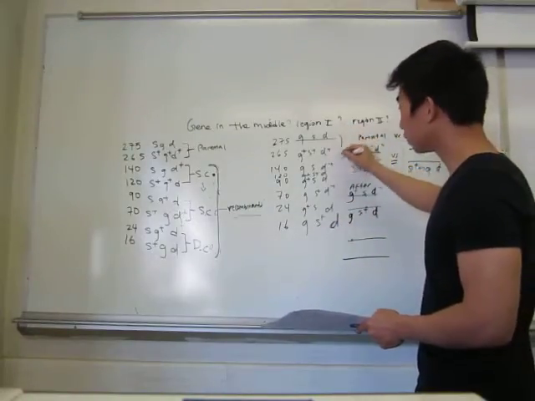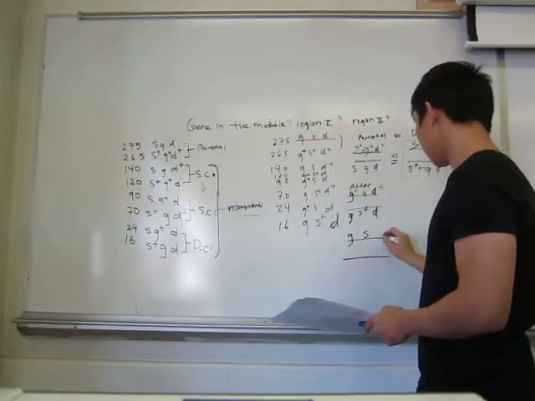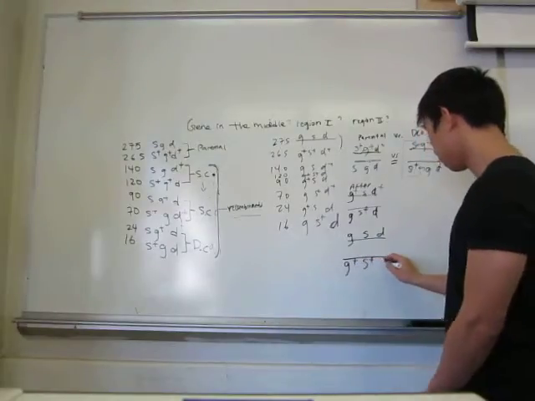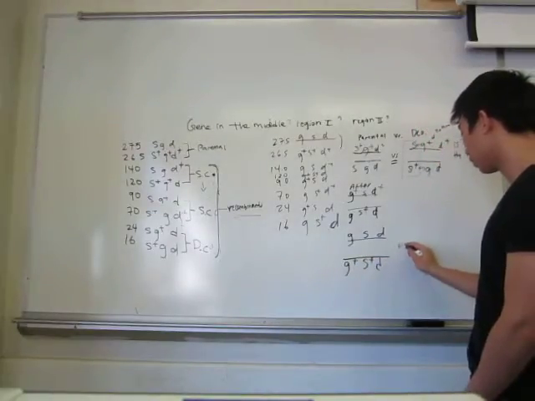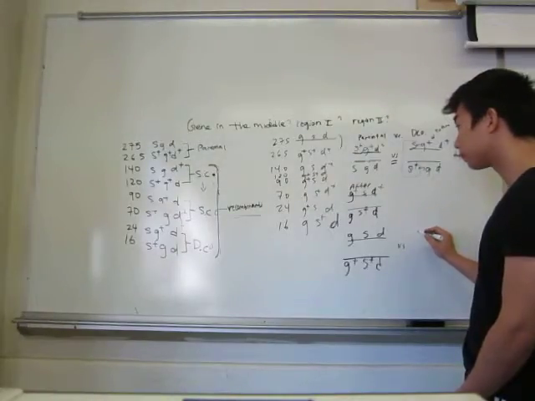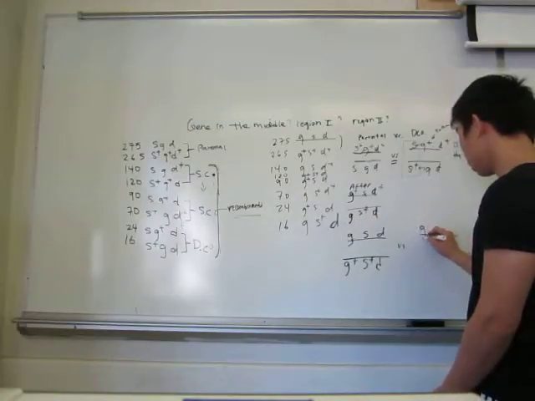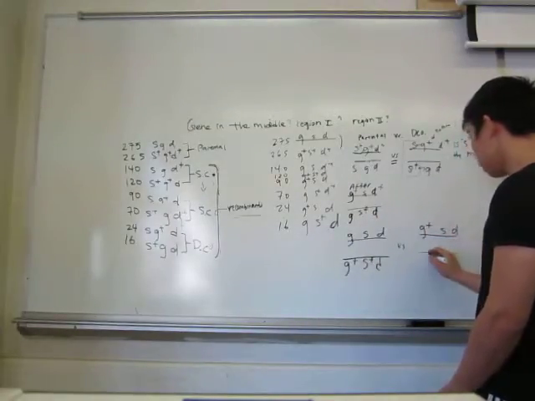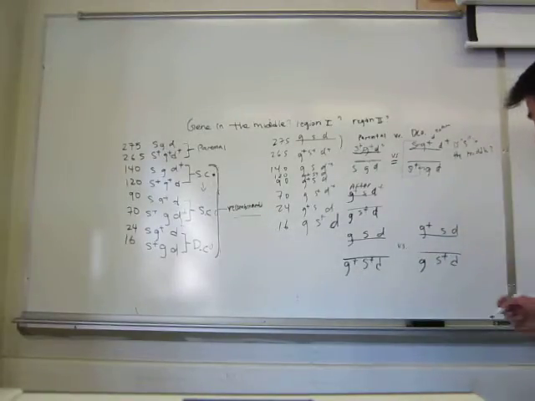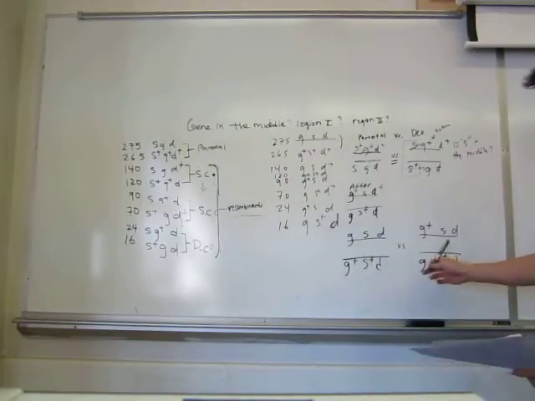So parental is G, S, D and G plus, S plus, D plus, versus the double crossover, G plus, S, D plus and G, S plus, D. Now I need to realize, how do I get from here to here?